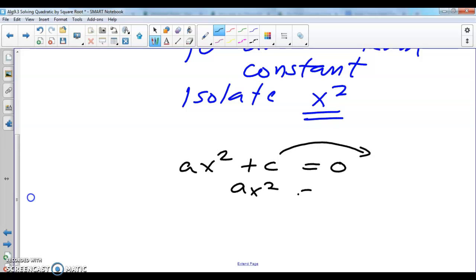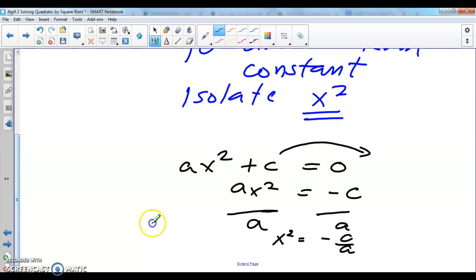So then you will have ax squared is equal to negative c. Now, regardless of the value of a, whether it's a perfect square or not a perfect square, you have to divide both sides by a. So that will give you x squared is equal to negative c over a.